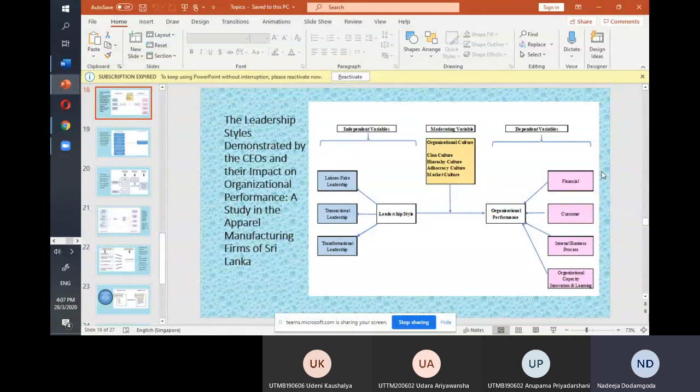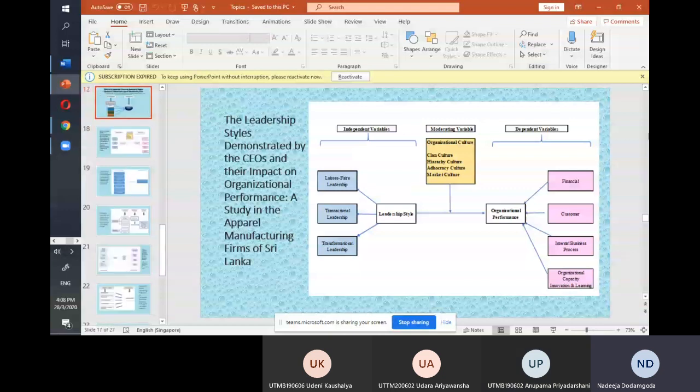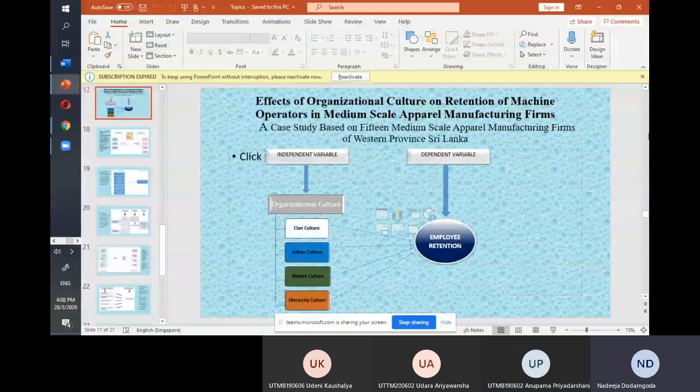So the unit of analysis is each company, because you don't find multiple CEOs for each company, correct? Right. So, it's a simple thing to understand.